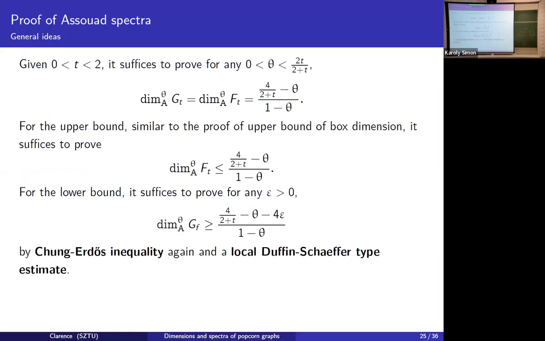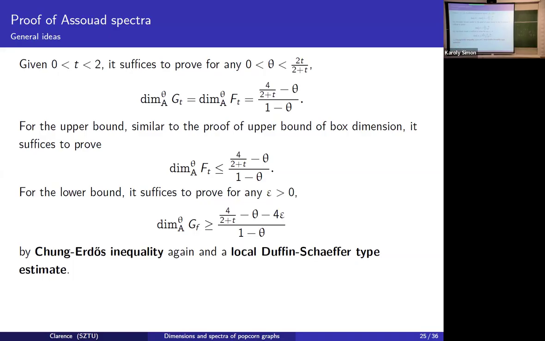As for the Assouad spectrum, the idea seems a bit similar to that of the box dimensions, but some slight changes also happen in the Assouad dimensions and structure. If we consider the upper bounds of the Assouad spectrum, we use the idea directly from the box dimension. However, as for the lower bounds, sorry, here should be GT.